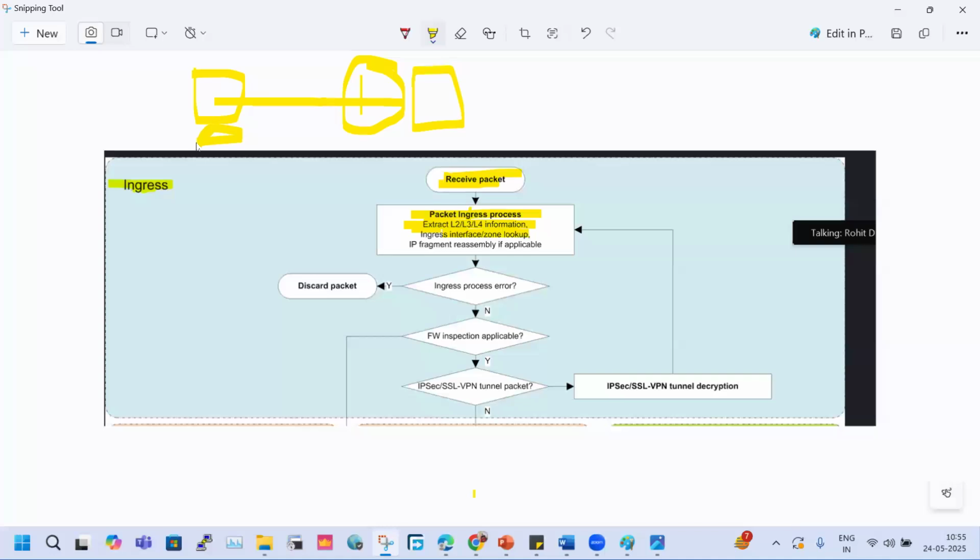Then it will check the ingress process errors, after extracting the source port, destination port, source IP, destination IP, source and destination MAC, source zone, and source interface.